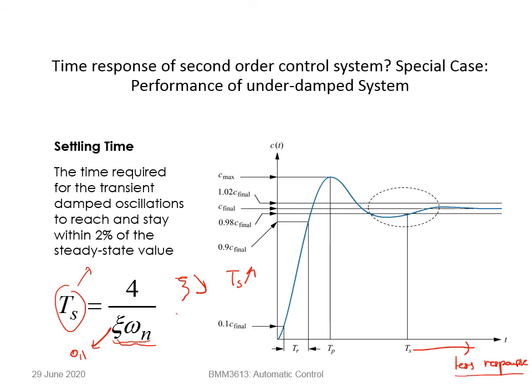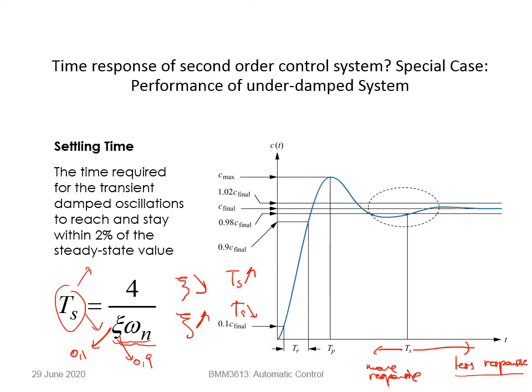But what happens if you have zeta very high, tending toward, for example, 0.9? You will have a lower Ts. It means Ts tends to go toward the left-hand side, so the system will be more responsive.